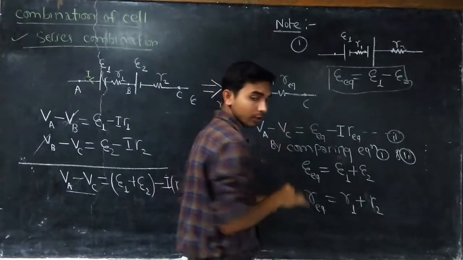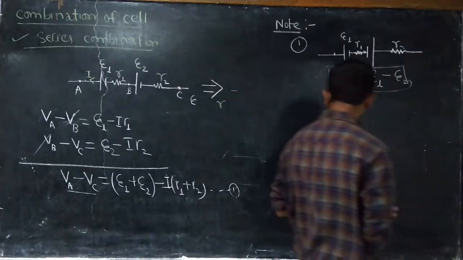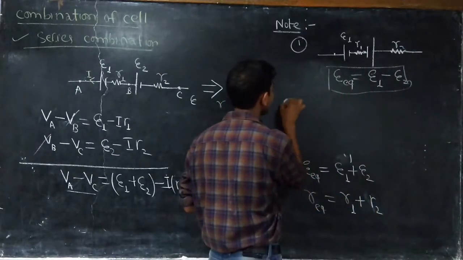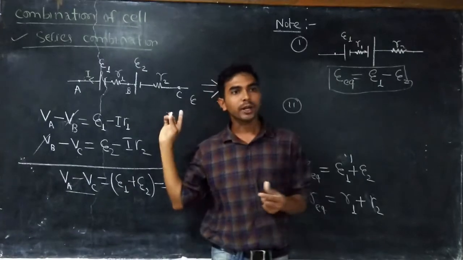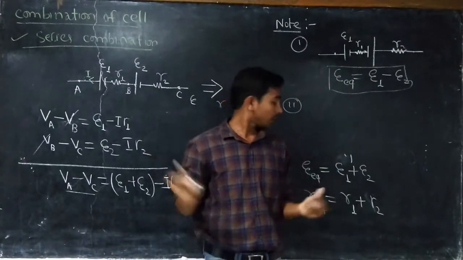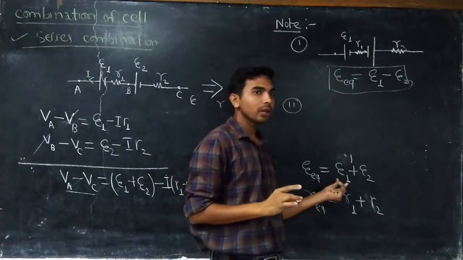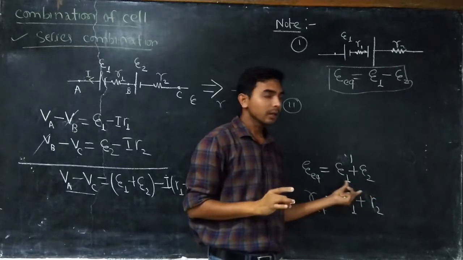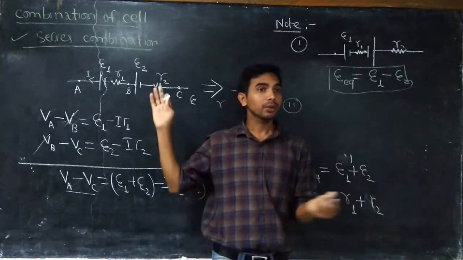Next point. You are able to see that in this one I have taken only two cells, and the EMF is coming E1 plus E2, that means the sum of the EMF of these two cells.